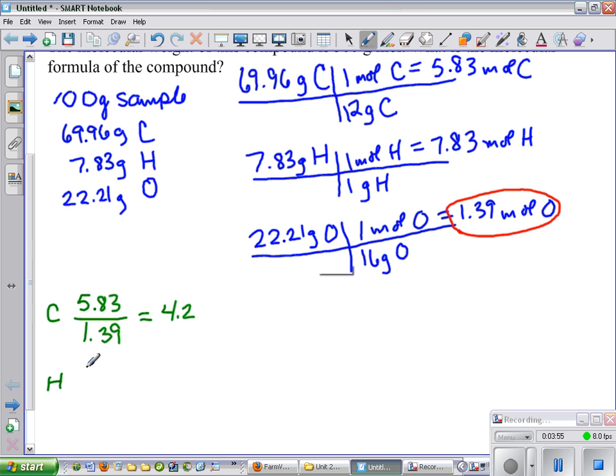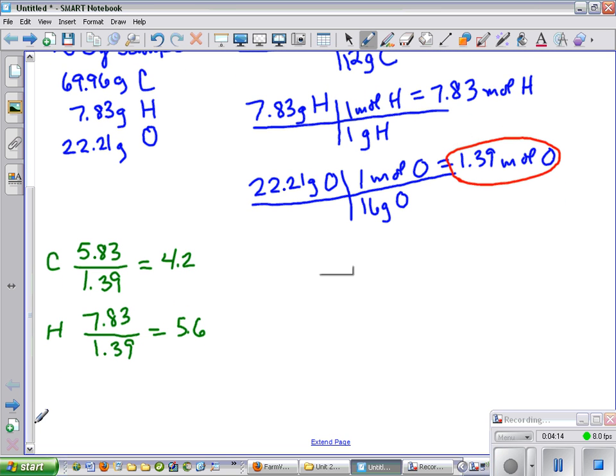For hydrogen, we have 7.83 divided by 1.39, which gives us 5.6. And then for oxygen, of course, this is all based on oxygen. So 1.39 divided by 1.39 is 1. The reason we're using the lowest number is because if we assume there's 1 of the lowest number, we'll see how many of the higher numbers there will be.